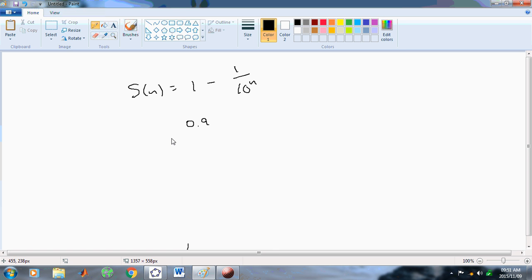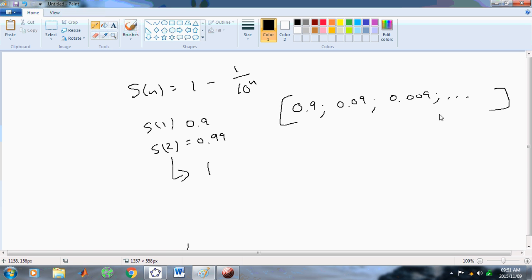Generates that, I think S1 is that, and then S2 is 0.99, and so on. And you'll see that the limit of the sequence is 1. But the sequence we're looking at with the parabolas is 0.9, 0.09. In other words, the difference each time between all of these terms, 0.09, etc. The limit of this sequence is 0.